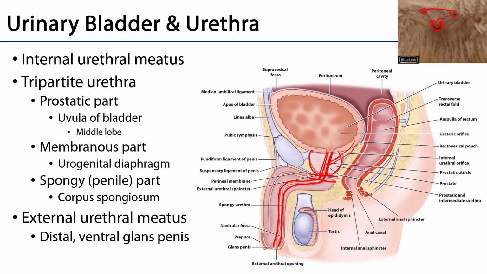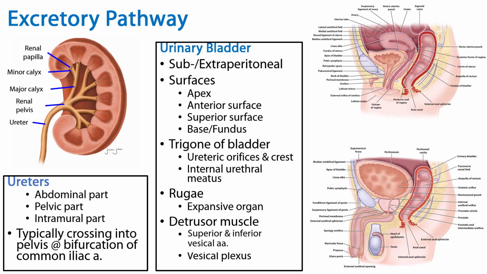This is called the spongy part, or the penile part of the urethra. Its external urethral opening is at the distal ventral surface of the glans penis, which is located right there. So in males, the urethra tends to be 15 to possibly even 18 inches in length, depending on the circumstances. So much longer than in females.